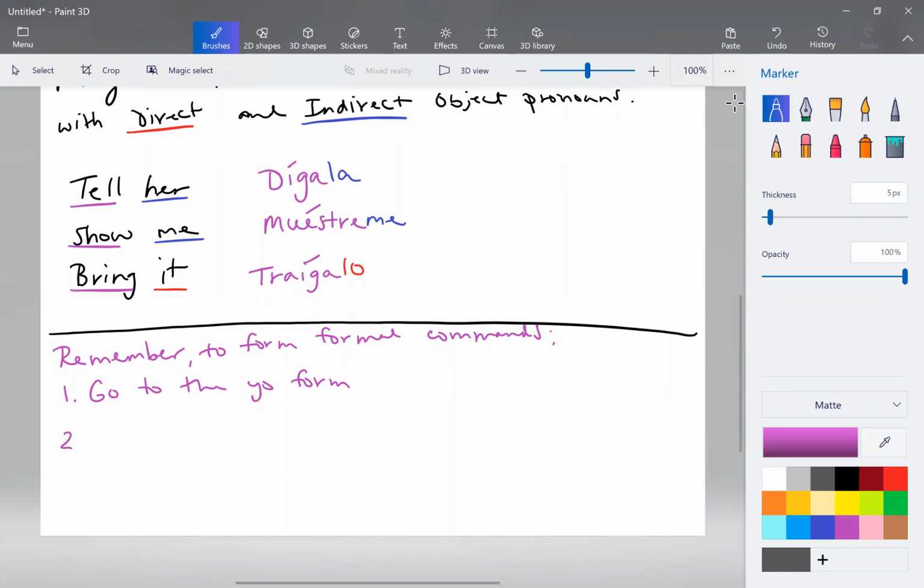The second step would be to remove the O. And the third step would be to add the opposite ending. I'm calling it opposite because we add ER, IR endings to our AR verbs and AR endings to our ER, IR verbs. So we switch it up.